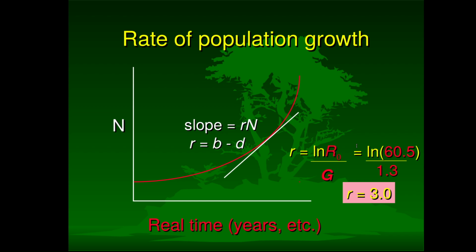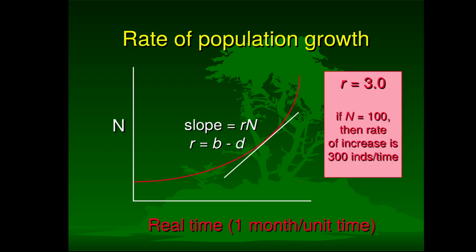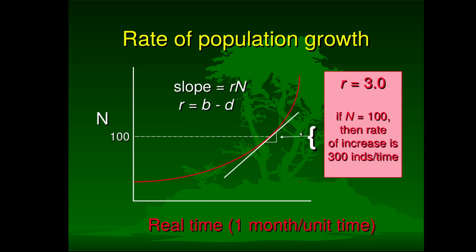So if N equals 100, the population size is 100, then the instantaneous rate of increase of the population as a whole would be 300 animals per month. That's a pretty big increase rate. So we can use this to calculate our doubling time, t sub d, which is equal to the natural log of 2 divided by little r.